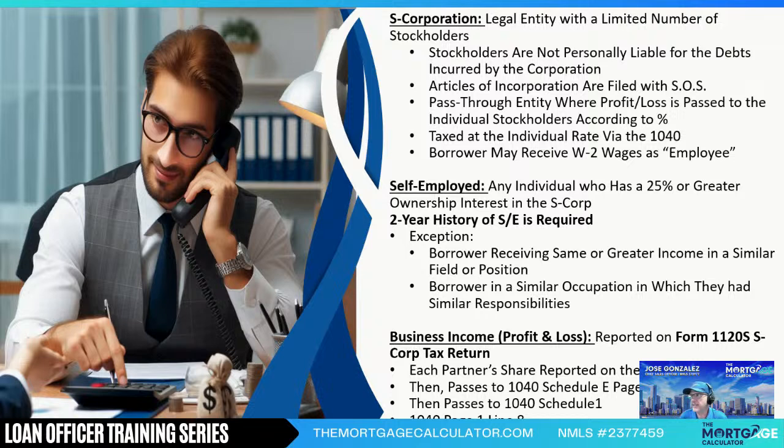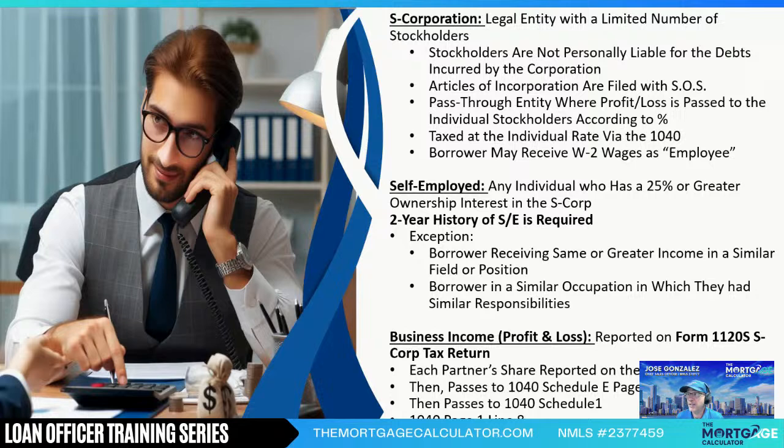That is the document that is used to pass either the income or loss to the stockholder according to their proportionate share. So if they're 100% owner of the stocks in the S corp, it's going to show 100% on the K1. If they're 33% owner, it's going to show 33%.